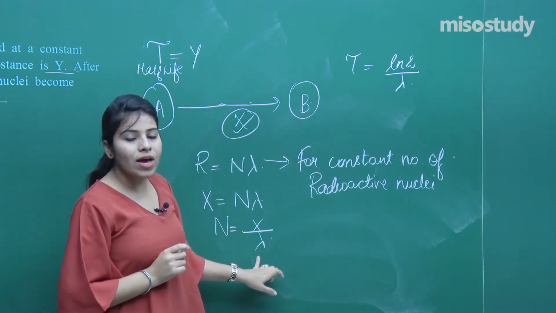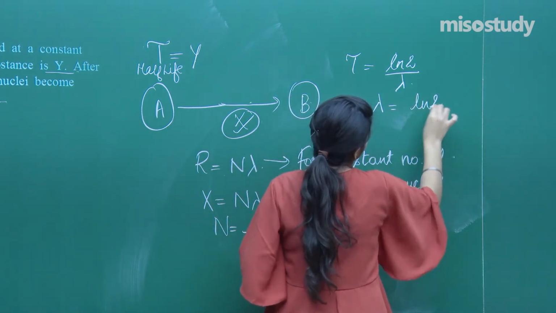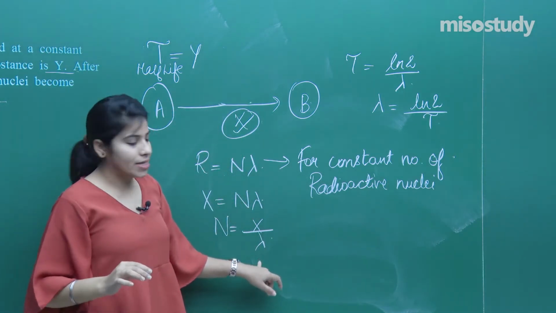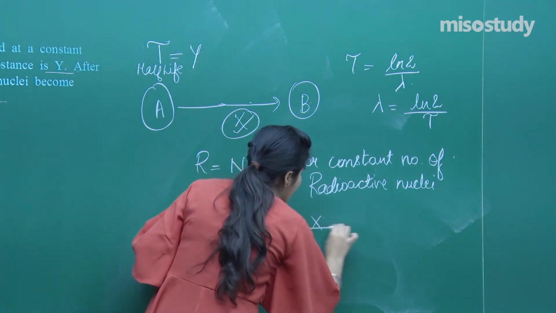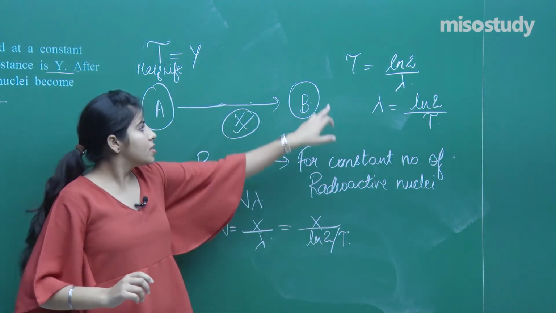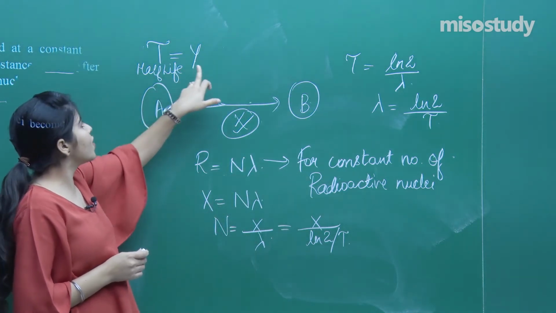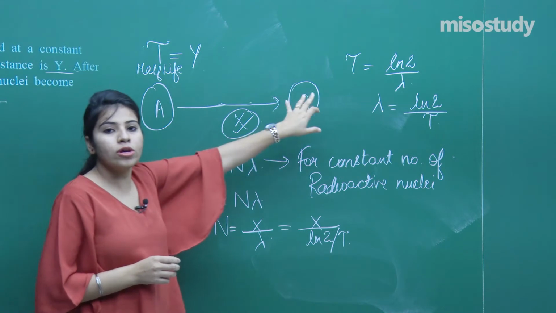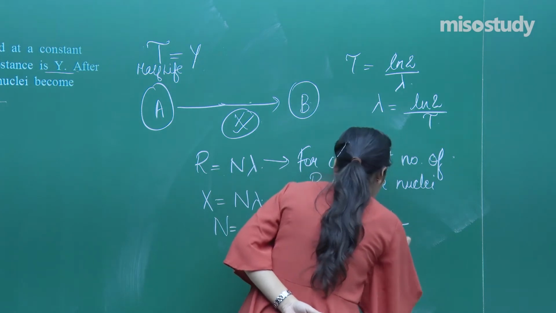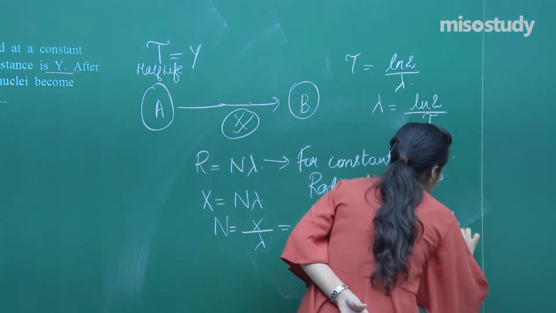From this equation we get the value of lambda as log 2 upon T. Let me put this value over here, x upon log 2 upon T. Now this T is nothing but the half-life, and in the question the half-life is equal to y. So we just put y in place of T. If you put it, you will have x upon log 2 upon y, or you can write it as xy upon log 2.